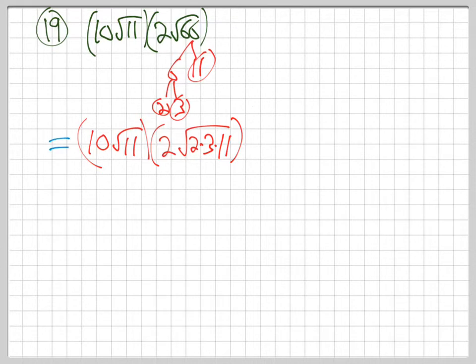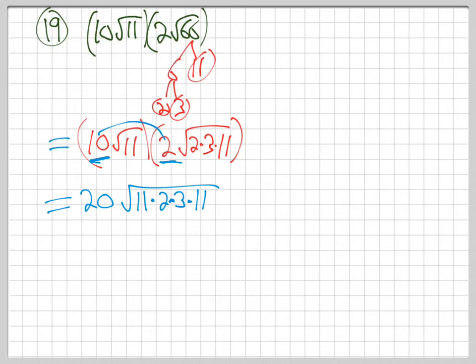Okay, and so when you multiply these together, remember how this works, outsiders multiply outsiders, and insiders multiply insiders. So 10 times 2 is 20. And then inside, just put it all in there together. So we've got an 11, a 2, a 3, and 11. There it all is together in one big root.